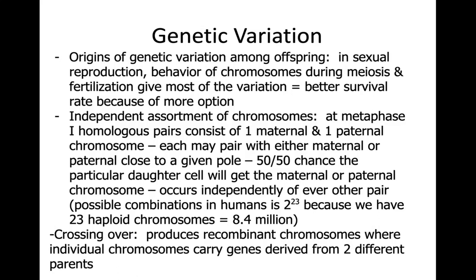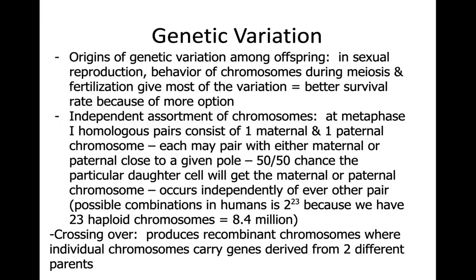And that will happen independently for every other pair of chromosomes. So for humans, you've got 2 possibilities, getting the maternal one or the paternal one. And you've got 23 haploid chromosomes, so that means when you produce your gametes, there are 8.4 million possible combinations of your chromosomes that can go into producing your sperm and egg.